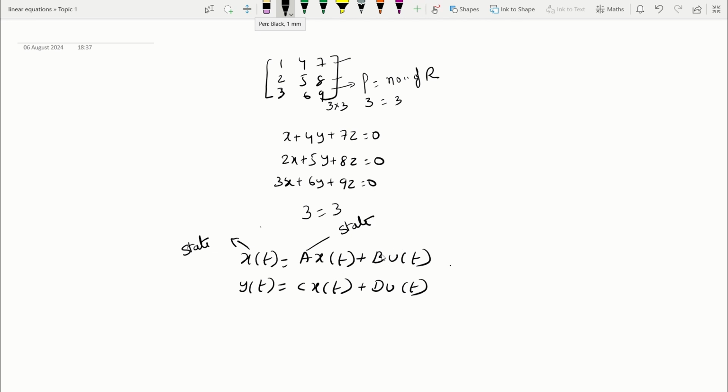See, x of t is nothing but the state vector, and A is the state matrix, and B is called the input matrix. u of t is the input vector, okay, and y of t is the output vector. This is the output equation, and C is the output matrix. Already I said x of t is the state vector, and D is the feed-forward matrix.